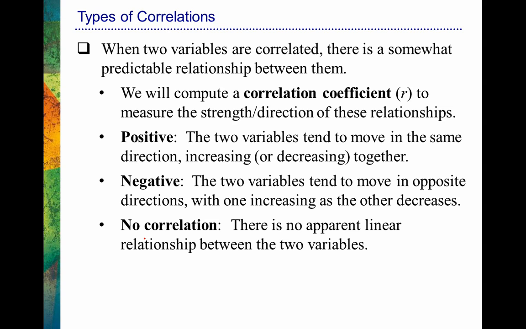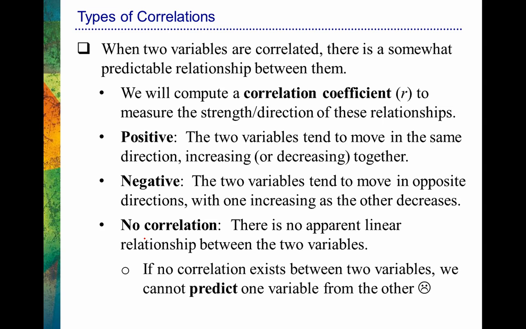And at that point, it's essentially impossible to predict one variable from the other. So you want to look at correlation in terms of predictive value, because if two variables are correlated, if there is some type of predictable relationship, then I can predict one value from the other variable. That's pretty much what I'm saying right over here.